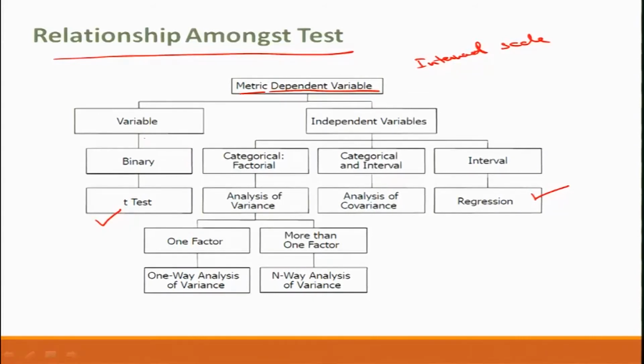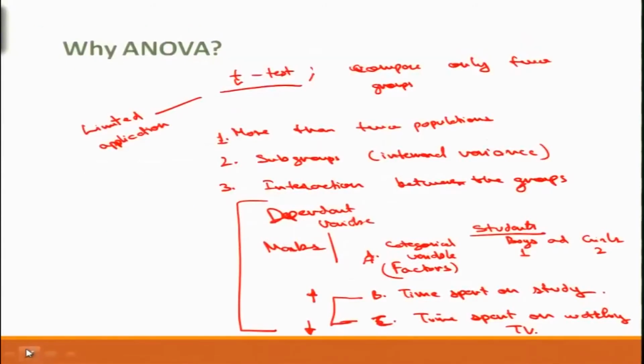It may be metric or non-metric, that binary test was used, that was the T-test. And if my independent variable is categorical, that is factorial, we used the ANOVA technique. And if we have categorical as well as interval variables, that is, metric as well as non-metric variables, here analysis of covariance is used.